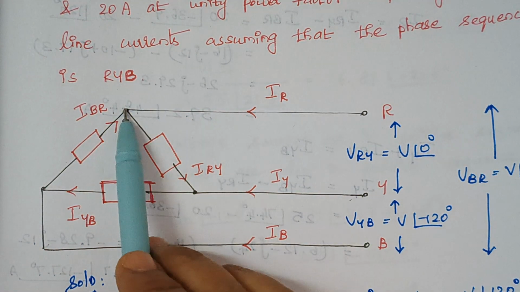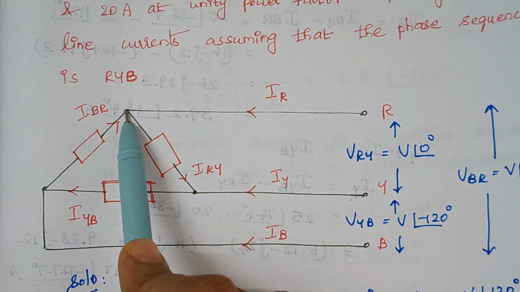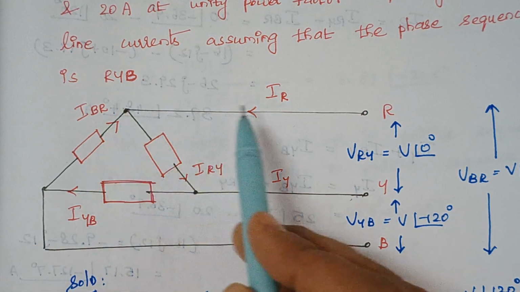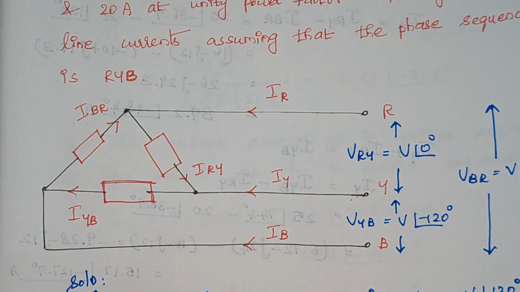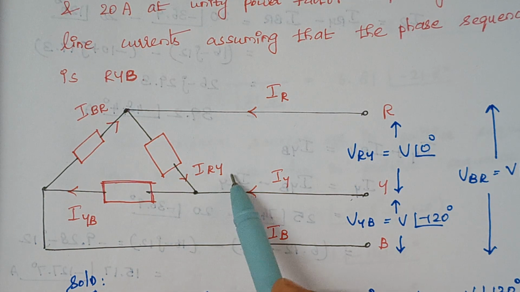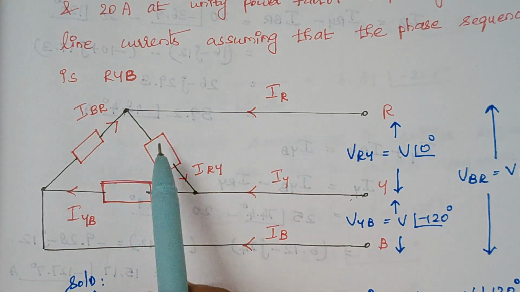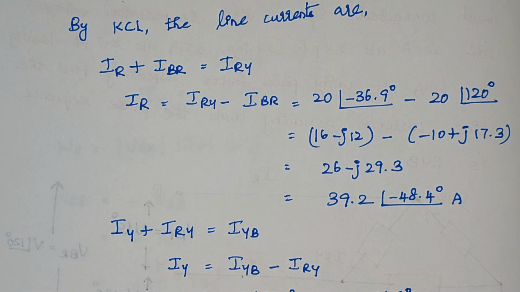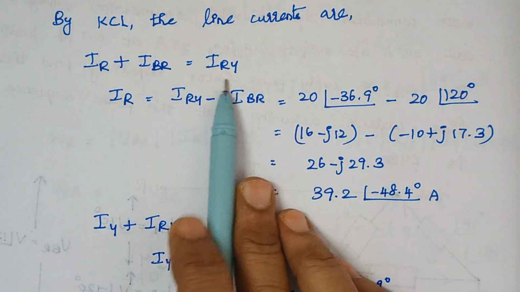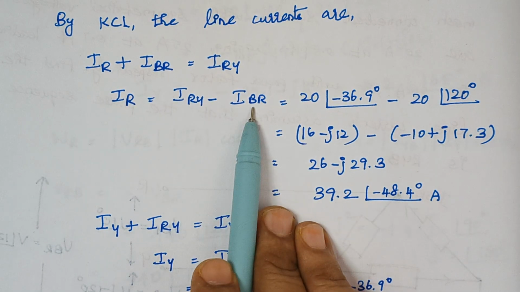Applying KCL, the currents flowing towards the junction are IBR and IR, and the current flowing away from the junction is IRY. Therefore IR plus IBR is equal to IRY. This is our equation. We need IR, so IR is IRY minus IBR.